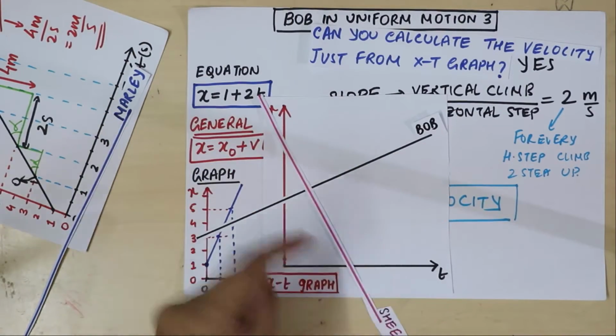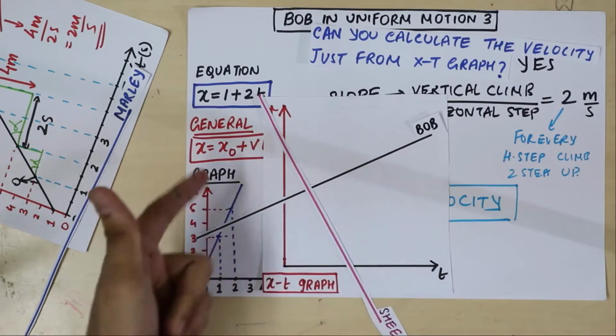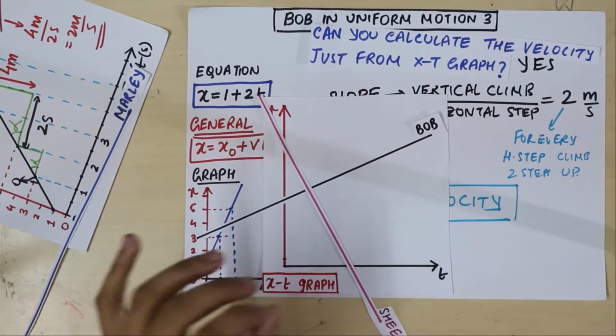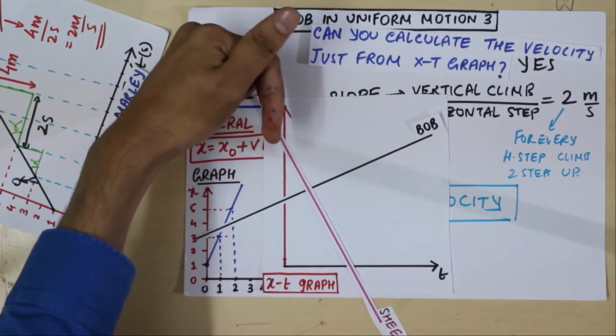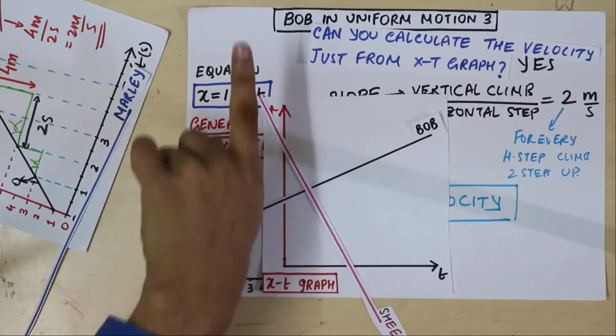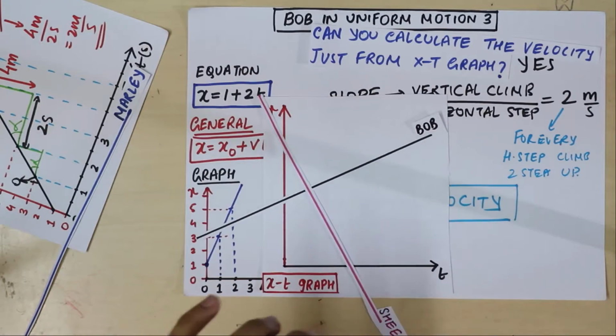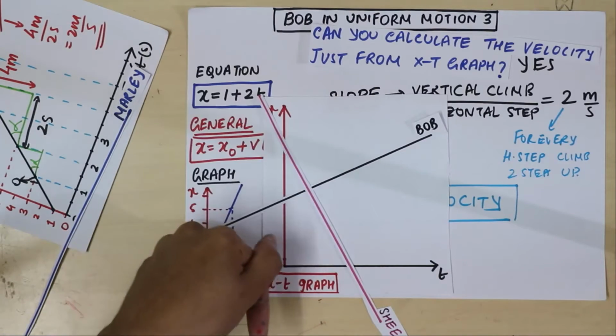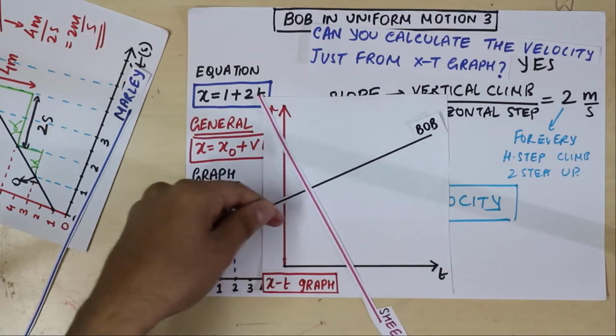We call this the negative slope. In fact, Sheila's velocity is negative. The minus sign is just telling you that she's moving in the opposite direction of our chosen positive. Remember, we chose this as our positive x. Sheila is moving in the opposite direction, and so her velocity gets a negative sign.